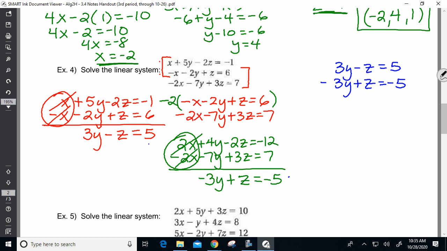There's only three ways that you can pair them off: the first and second equation, the second and third equation, or the first and third equation. You can't pair an equation with itself. That's not going to get you anywhere.